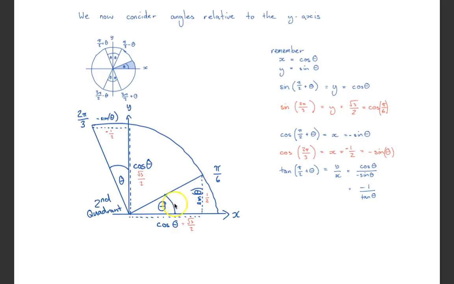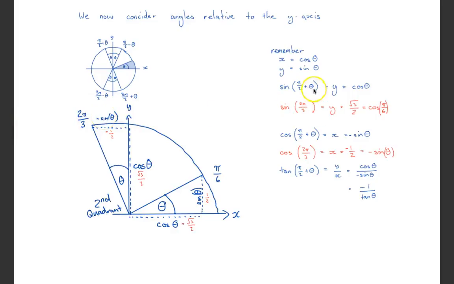Now if we consider an angle of exactly the same size theta, but measured from the y-axis, this triangle is exactly the same as this triangle here. So if this distance here is cosine of theta, then this distance here has to be cosine of theta. If this distance here is sine of theta, then this distance is also sine of theta, except that it's in the negative x direction, so we end up with negative sine of theta.